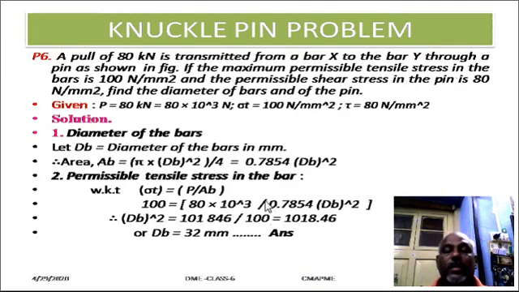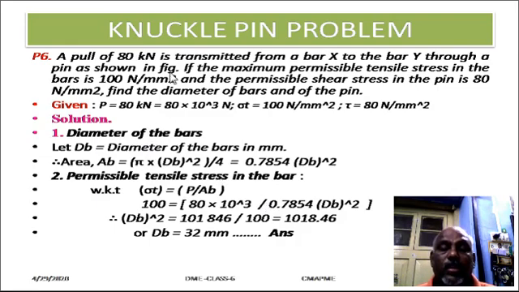And then the second problem is the knuckle pin problem. A tensile load of 80 kilonewton is transmitted from a bar X to the bar Y through a pin as shown in figure. If the maximum permissible tensile stress in the bar is 100 Newton per mm square and the permissible shear stress in the pin is 80 Newton per mm square, find the diameter of the bars and the pin.